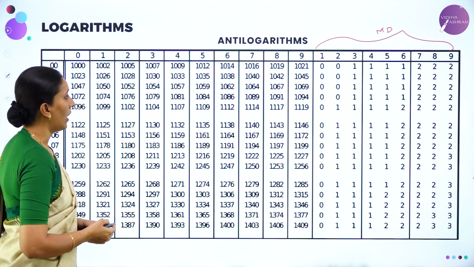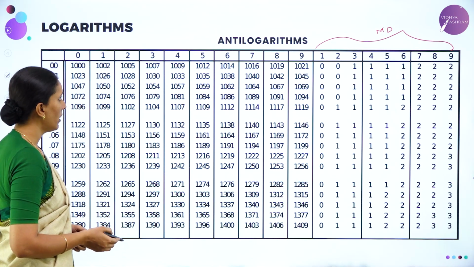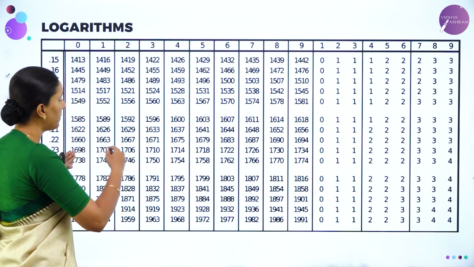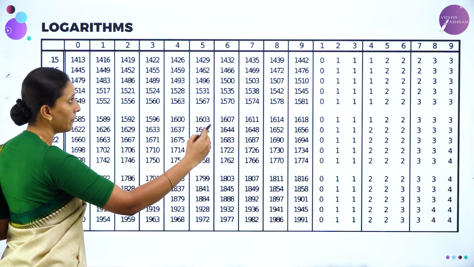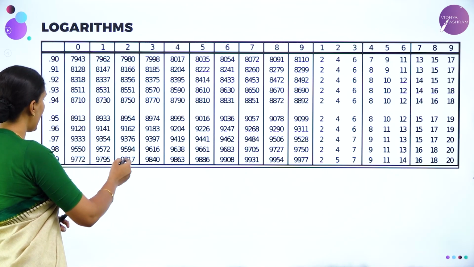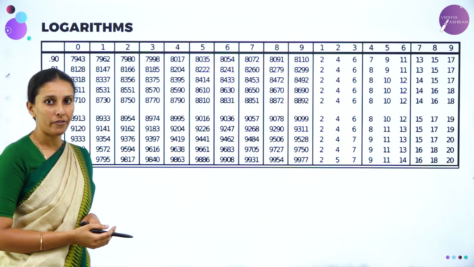This anti-log table contains the values from 0.01 to 0.14. Next we have from 0.15 to 0.29, headed by the columns 0 to 9 and the mean differences from 1 to 9. So you will have the logs and anti-logs until 99 and 0.99 respectively.